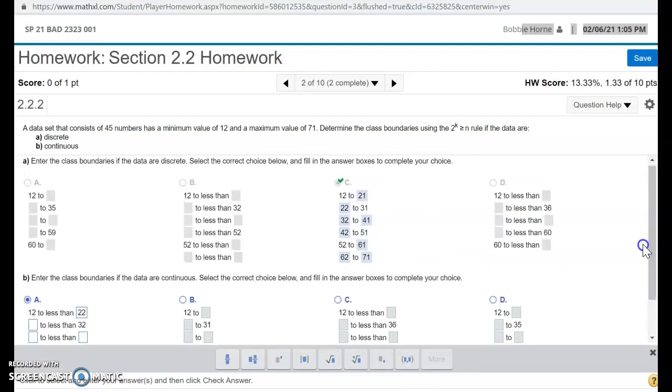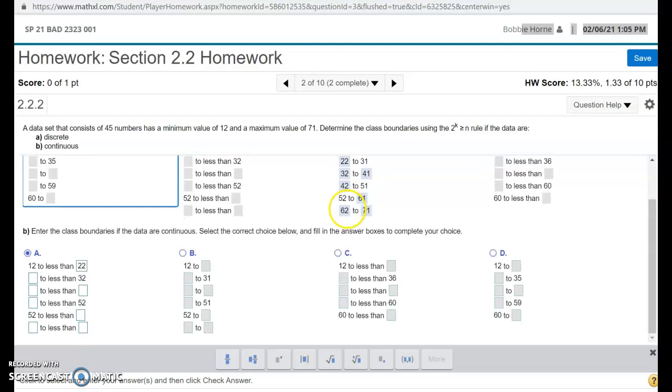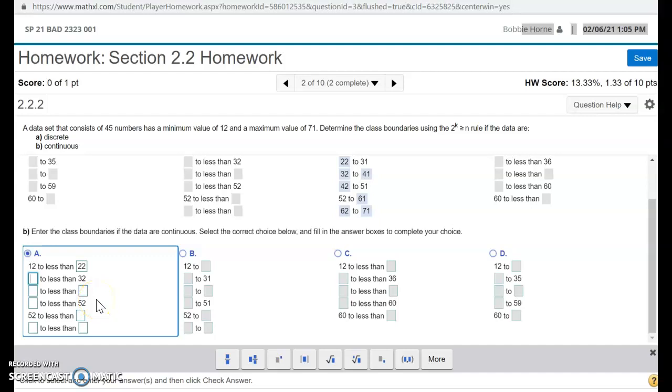So that's the difference between discrete and continuous. Discrete stops here at 21 and then picks back up at 22. But down here, it keeps going. It includes all numbers, even decimals, 21.99. And then it would start at 22. So we're not leaving out any decimals here.